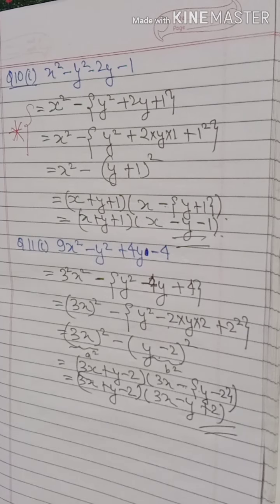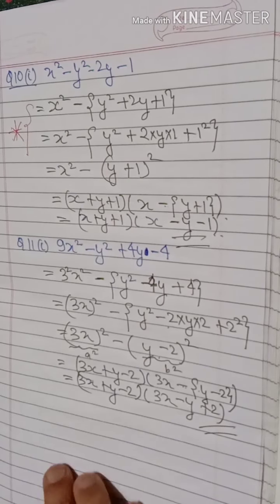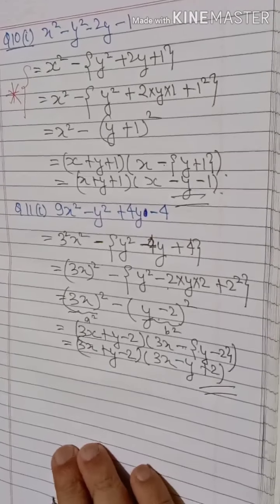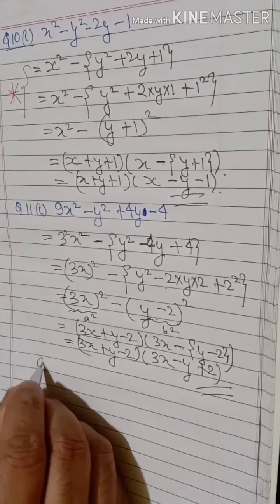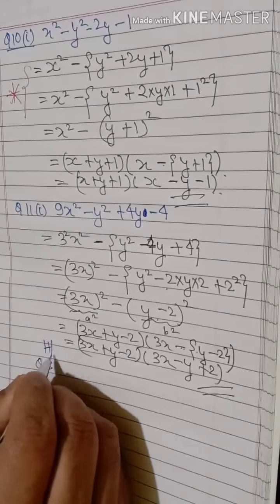Based on the workings of whatever we have done in this tutorial, I will give you a few sums for your assignment. Please make a note of these questions. This will be your homework.